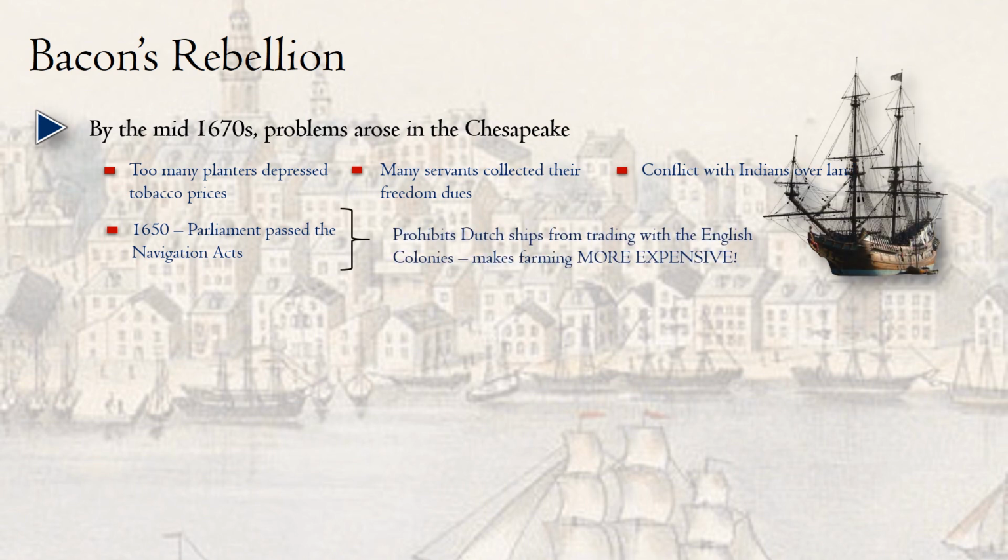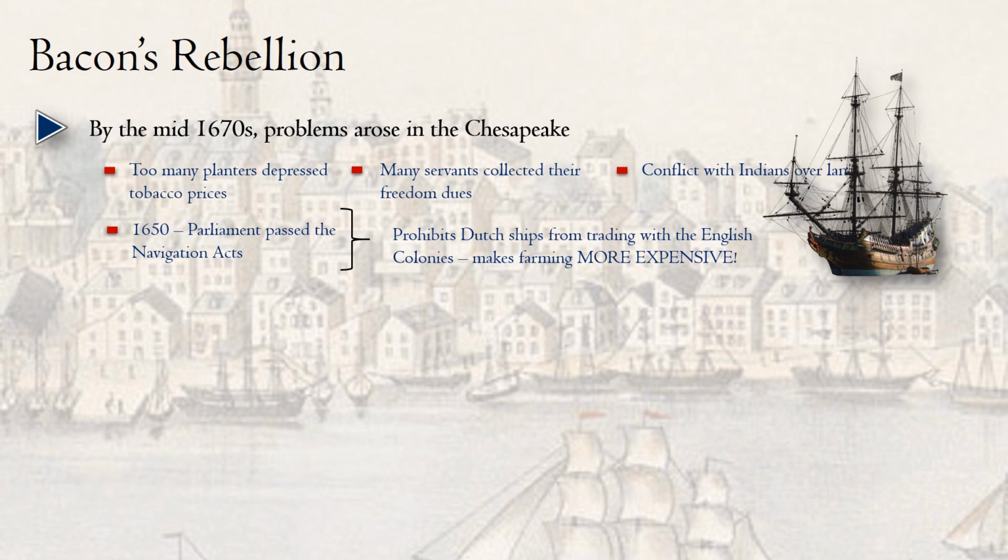So the Navigation Acts, as you know, prohibit Dutch ships from trading with the English colonies. And what that does is that makes farming equipment and supplies more expensive for the Virginians because you're not able to go and bargain for a better price with the Dutch and go and haggle. You have actually got to buy from one source now, that being the English.